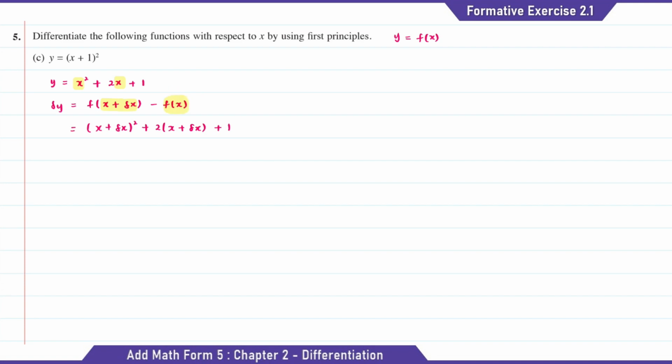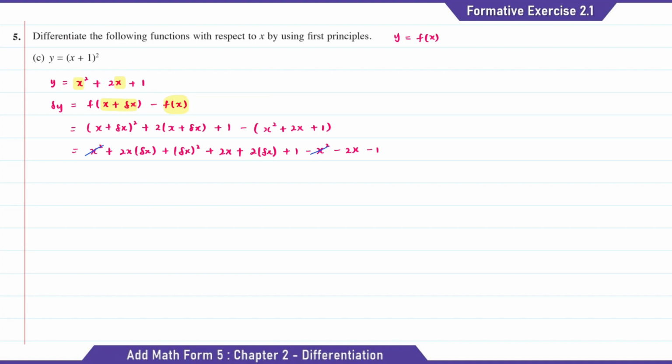Then I'm going to minus the f of x, which is the y, minus (x squared plus 2x plus 1). Next, expand this: x squared plus 2x delta x plus delta x squared plus 2x plus 2 delta x plus 1 minus x squared minus 2x minus 1.